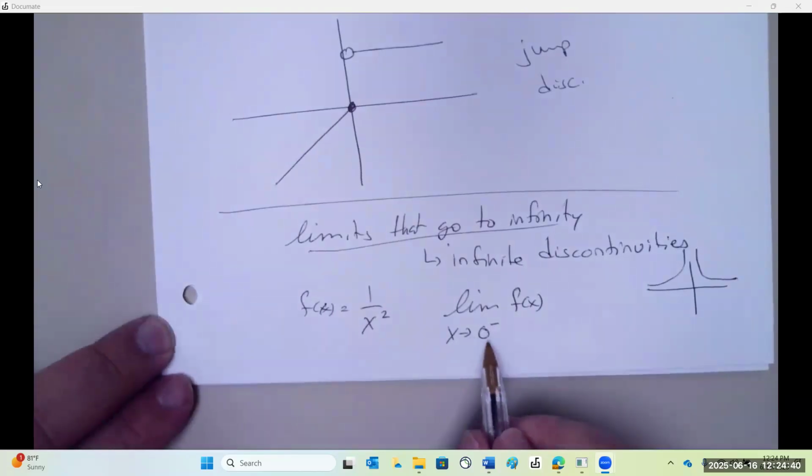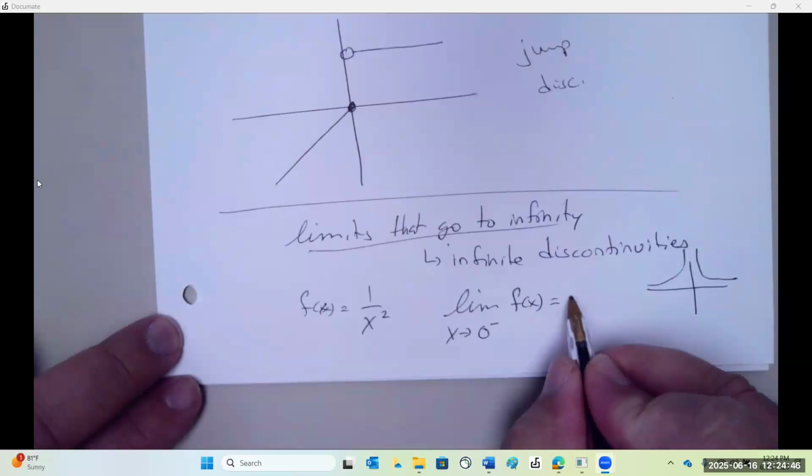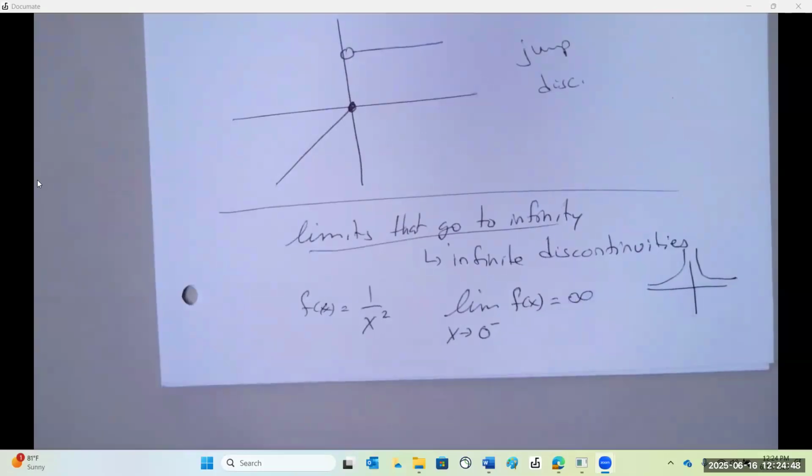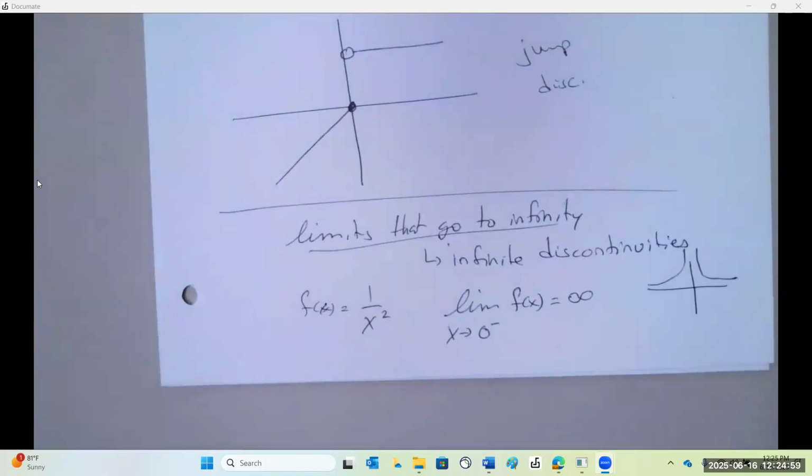So it's the same thing as 1 over x on both sides. So as x goes to 0 from the left, what happens? Where does the answer go? It goes to infinity. Likewise, if we take the limit from the right, it's going to be infinity also, but we can't fix them.